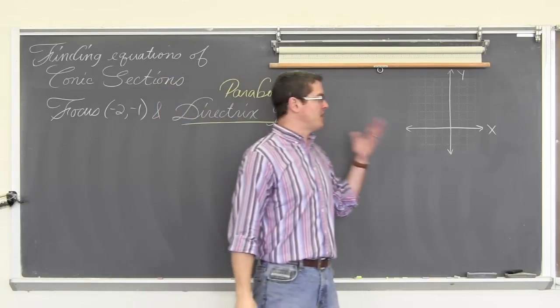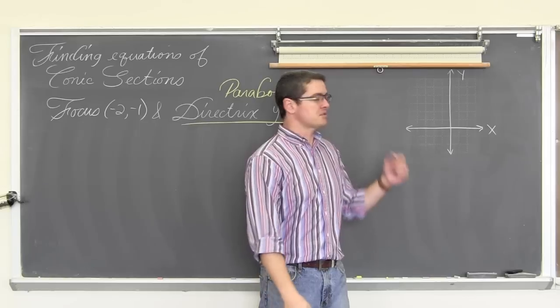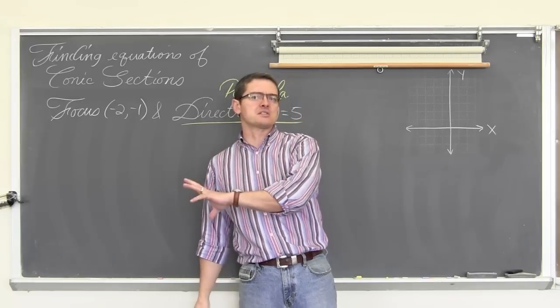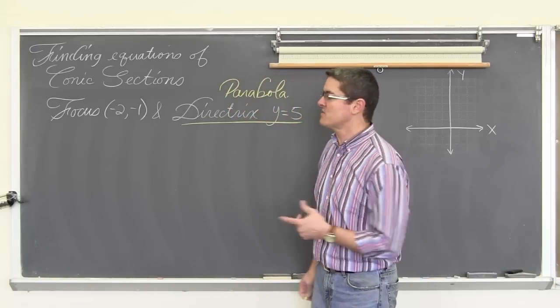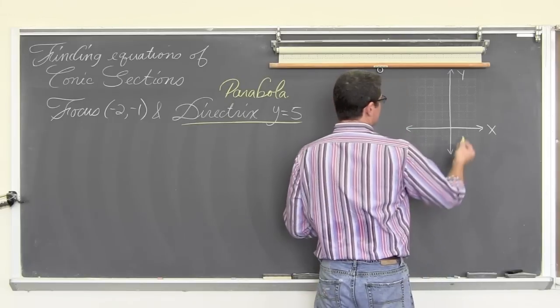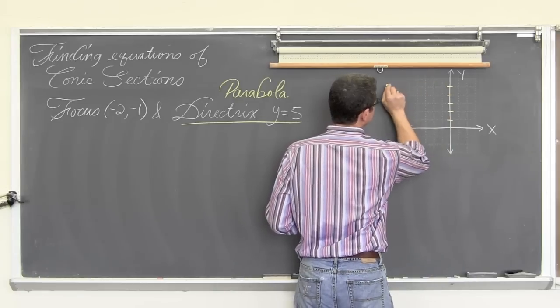So let's get this information sketched down on a little xy axis. That'll help us, of course, understand what the shape is, what direction it's going in. So is it the x's need to be squared or the y's? Let's just see what happens. Our directrix is y equals 5, so I'm going to go up to y equals 5, make a dotted line.